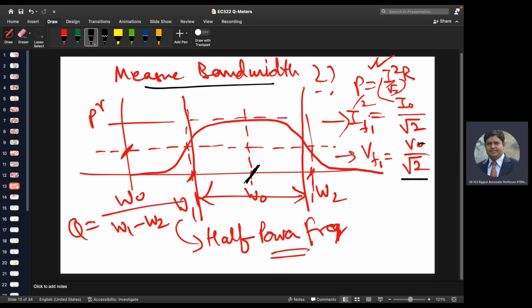By definition, the bandwidth of a circuit is the frequency range at which the output power reduces by half.